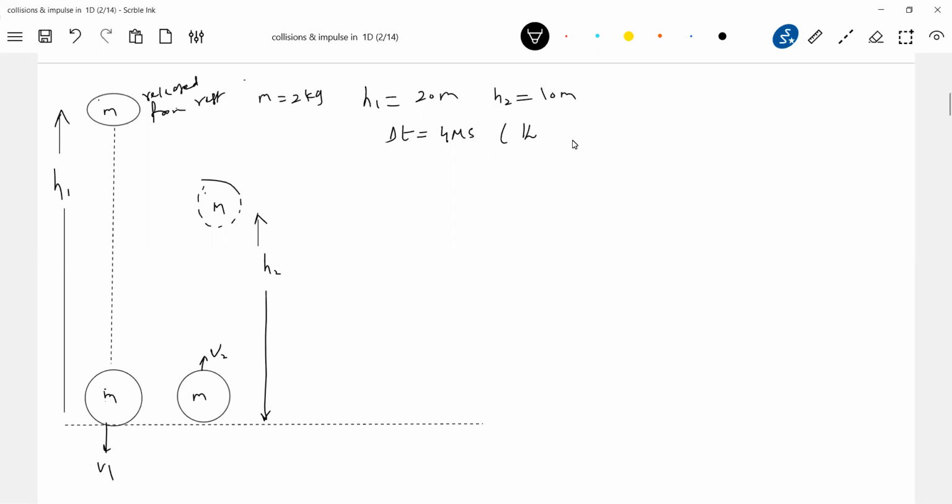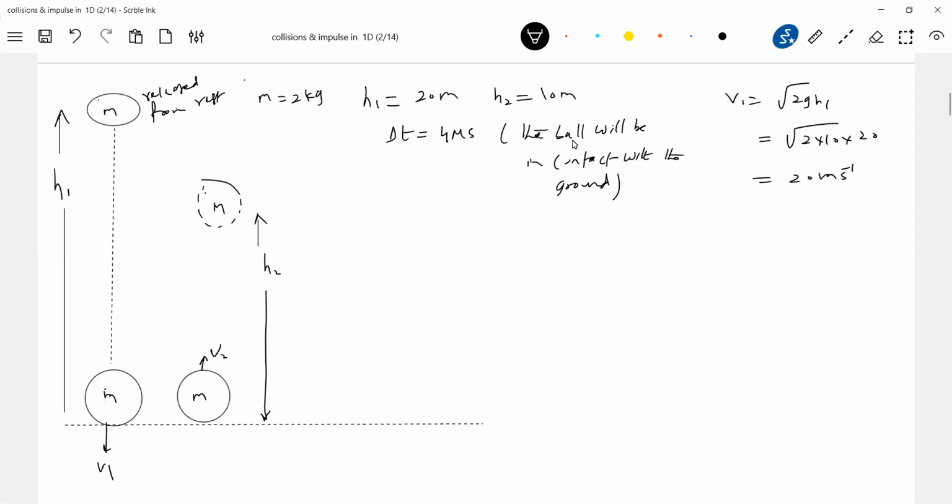The ball will be in contact with the ground for this time. Okay, what is V1? Let's calculate V1. V1 equal to root of 2gh1, 2 into 10 into 20. So 20 meter per second.